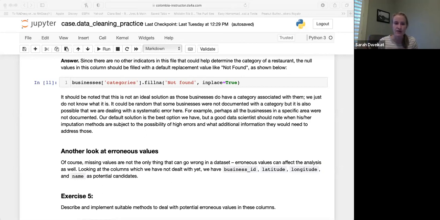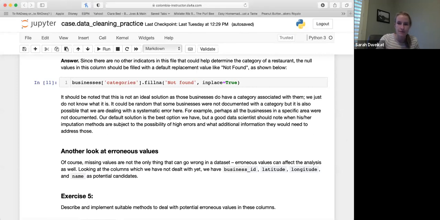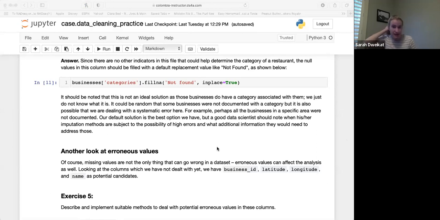Okay, so the columns we could deal with: latitude and longitude, maybe, and maybe also city. Latitude, longitude, maybe name. If we knew what the correct name of the business should be, we could look for any errors.